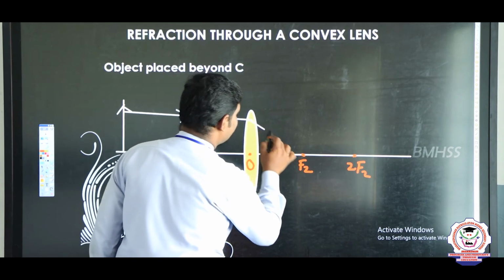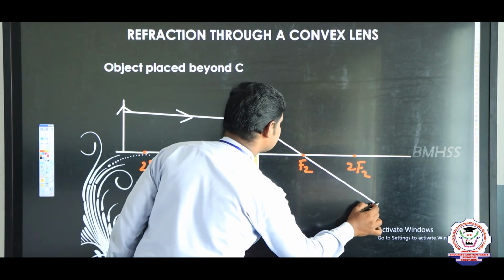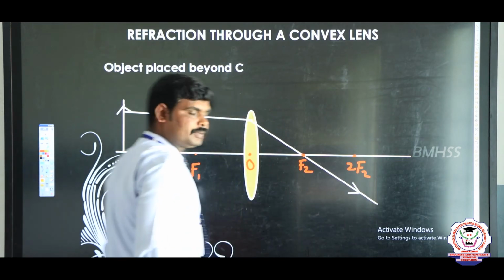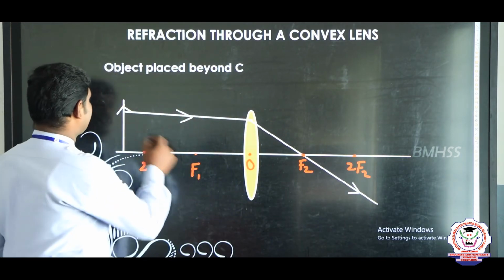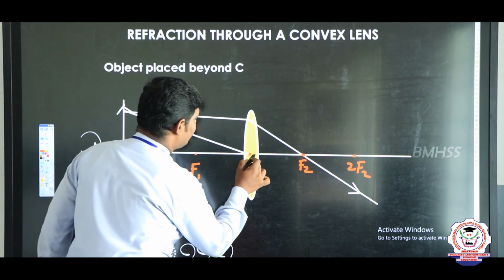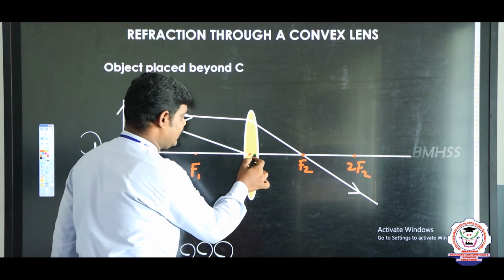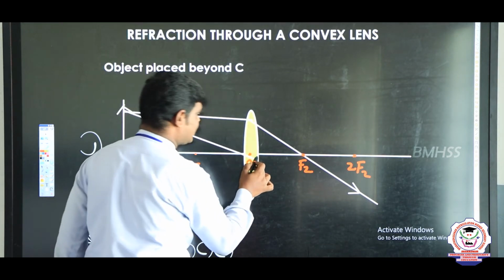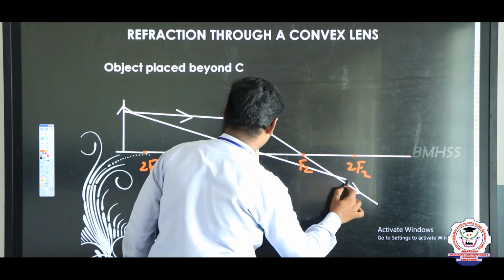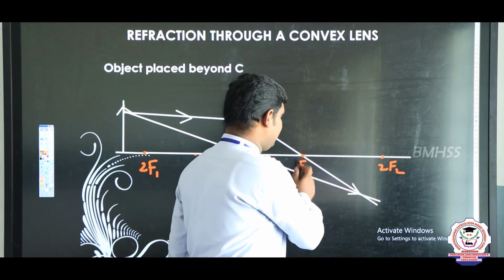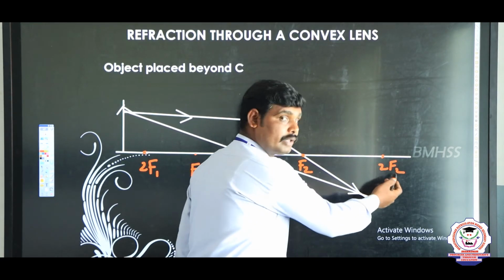After refraction, it will pass through the focus according to rule number 2. One more line comes from this object, and it will pass through the optic center. At the optic center there is no reflection and no refraction, so it will meet at one point. So the image will form between F2 and 2F2.